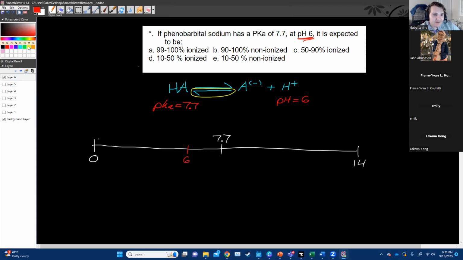Is this going to be the charged domain or the neutral domain? The charged domain. How do I know that? Because as I get closer to 6, this is going to become more and more charged, right?